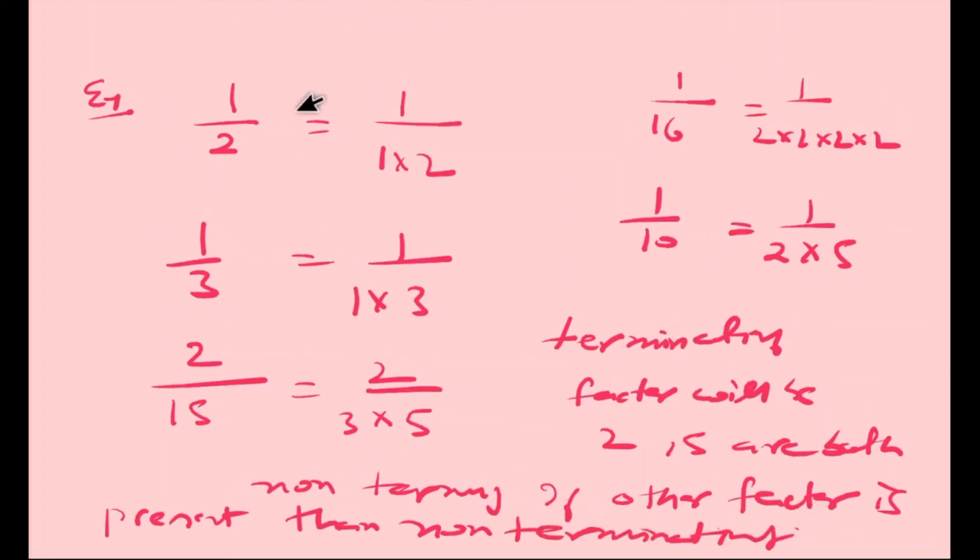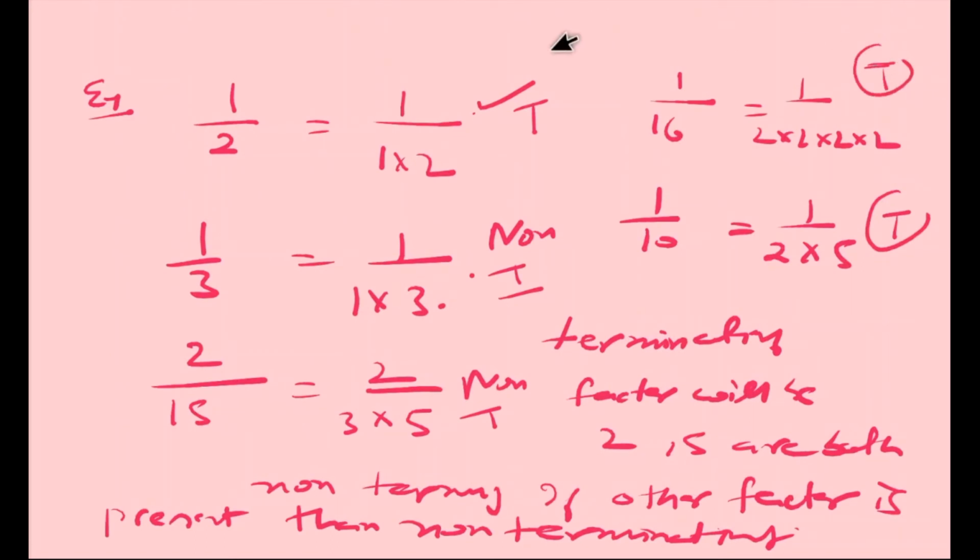Right? Here we can see it is a terminating value, it is a terminating value, and it is non-terminating due to this factor. Right? And this is also non-terminating, and this one is terminating. Okay, and this one is terminating. So which are terminating values?